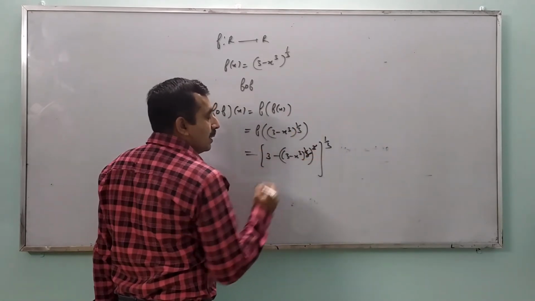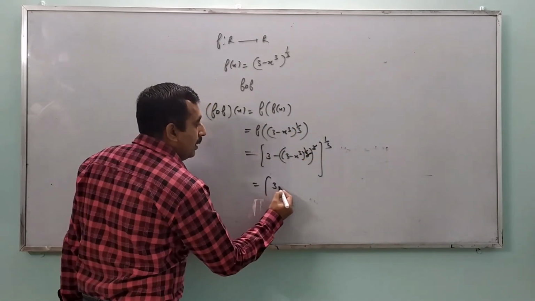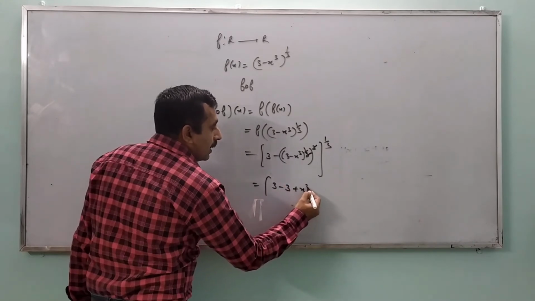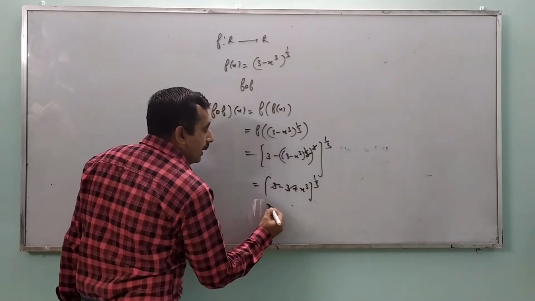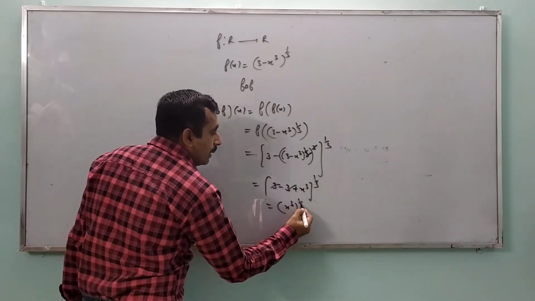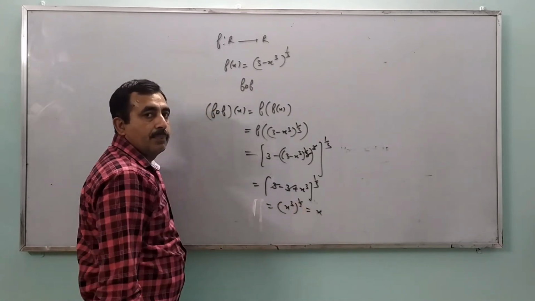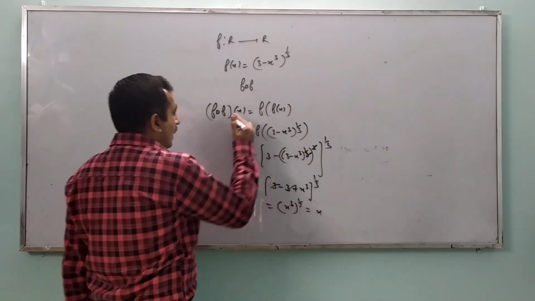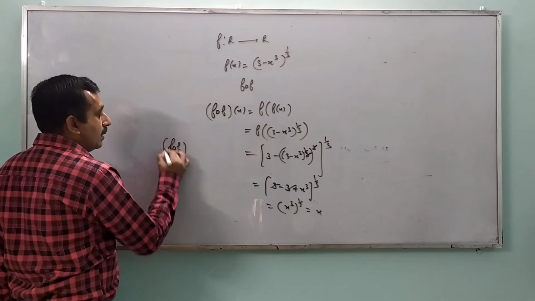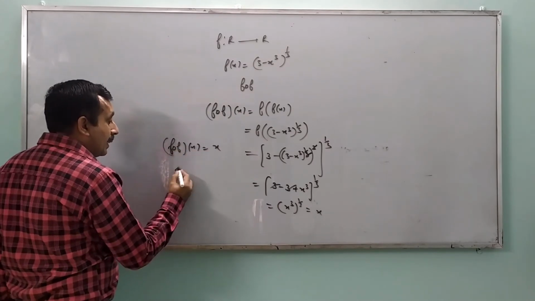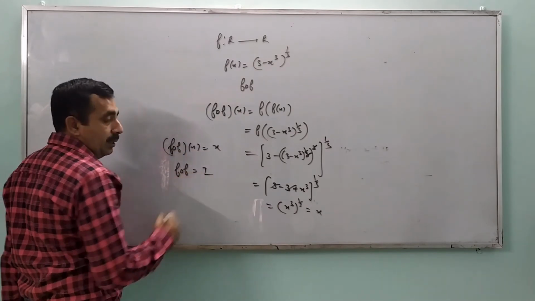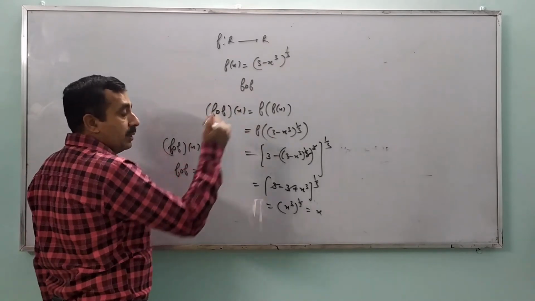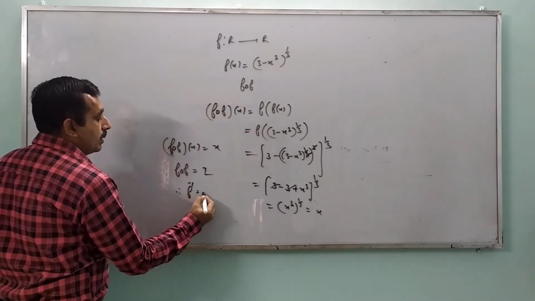Now this 3 and this 3 cancel. It is 3 minus 3 plus x cubed, whole power 1 by 3. It is x cubed whole power 1 by 3. So its answer is also x. It means I can say f of f is I. If the question is to find the inverse, then I can say f inverse is f.